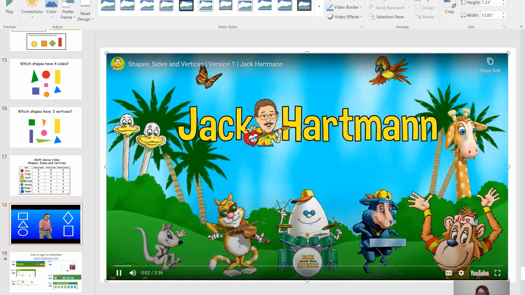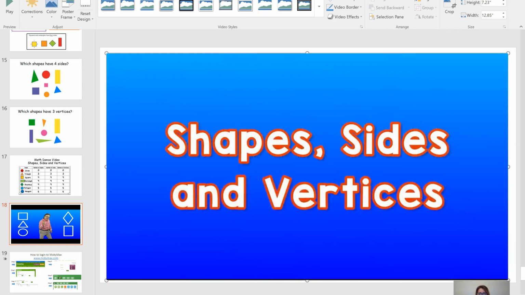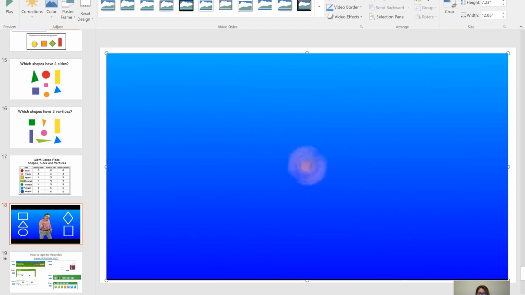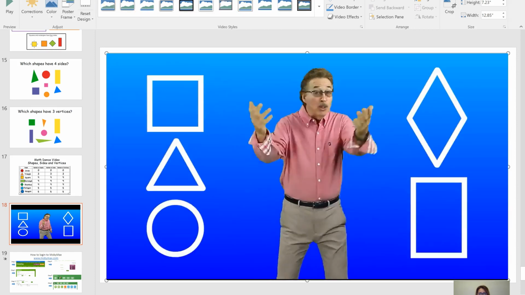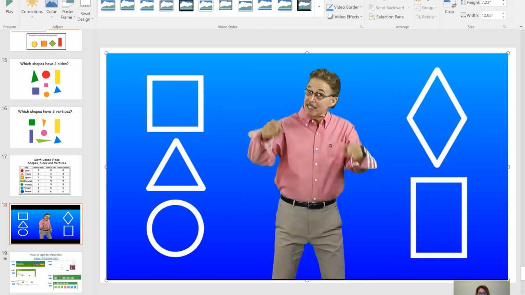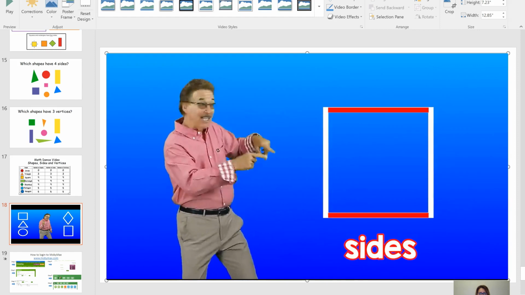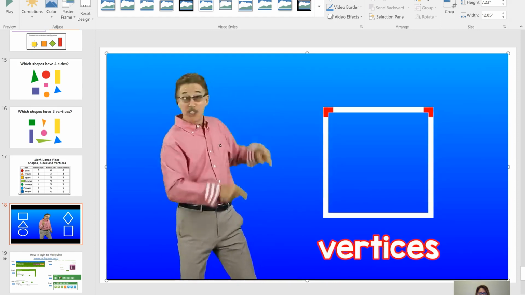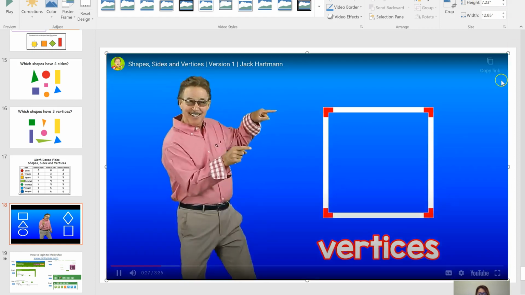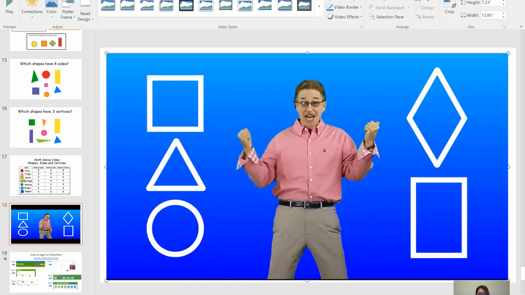Jack Hartman Kids Music Channel! 2D shapes. 2D shapes. Which ones have sides and vertices? Let's learn today. Sides are the straight lines that form the shape. Vertices are the corners that the two lines make. Let's move and count the sides and vertices of these 2D shapes.